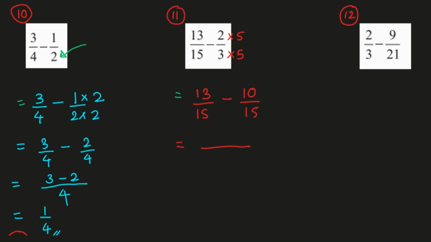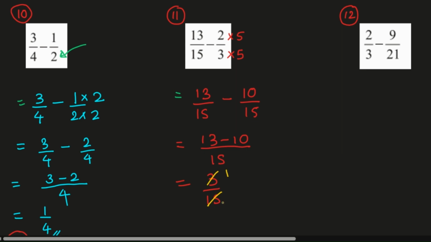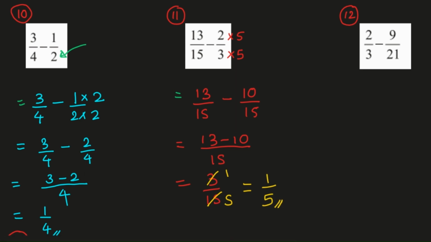So the denominator will be 15. Then 13 minus 10. So the answer will be 3 divided by 15. You know that both the denominator and the numerator can be divided by the same value, that is 3. So 3 divided by 3, 1. 15 divided by 3, 5. So the final answer will be 1 upon 5. Great.